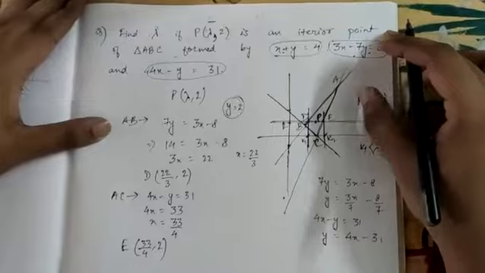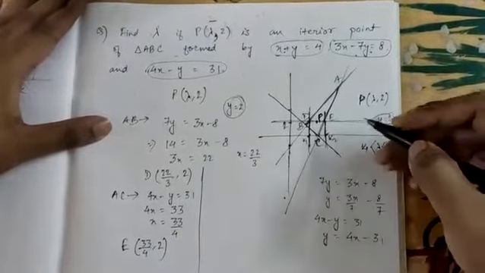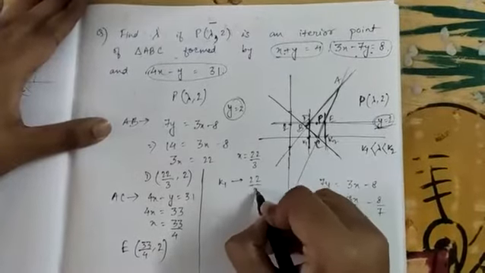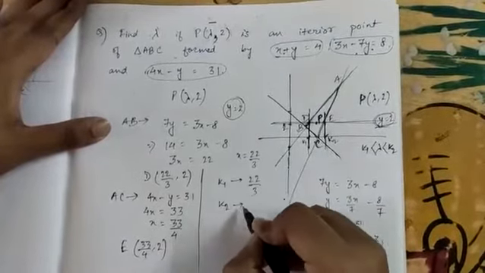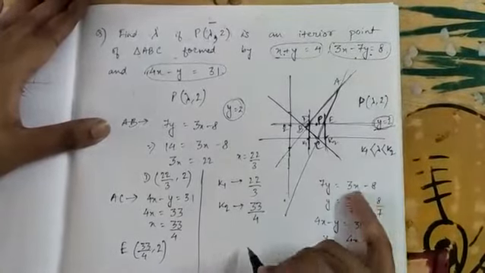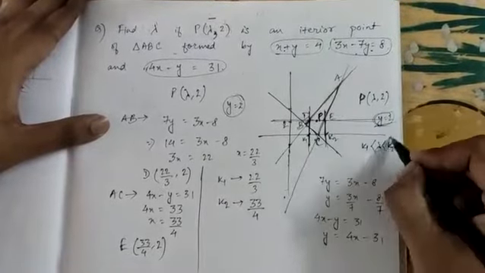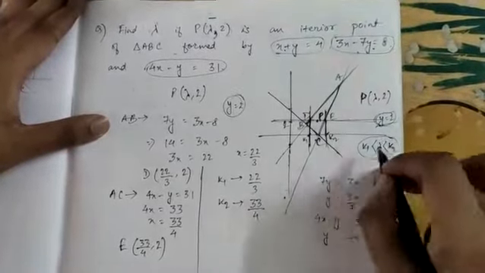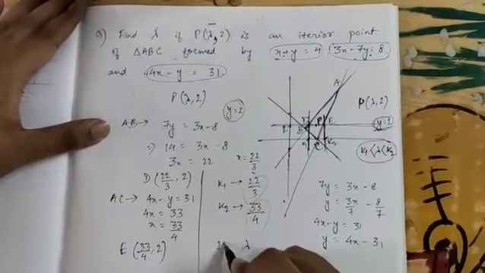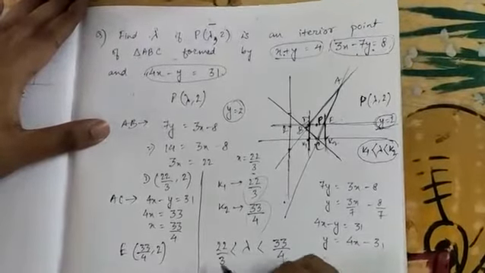So from here I have got that K1 is 22 by 3 and K2 is 33 by 4. So I can say that lambda will lie between these two values of x, that is, lambda will lie from 22 by 3 to 33 by 4.